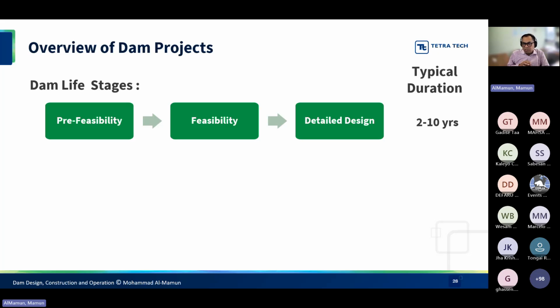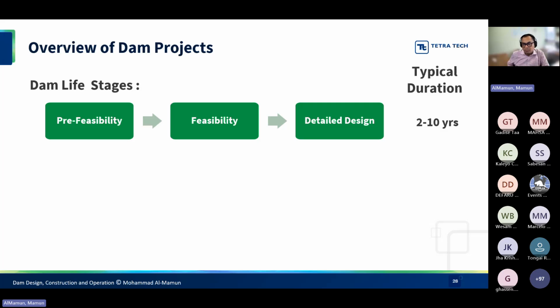The project usually does these three stages: pre-feasibility, feasibility, detailed design. These are all when things have not been constructed, right? All the front-end work that we have to do, all the details with respect to understanding the site and meeting all the requirements.